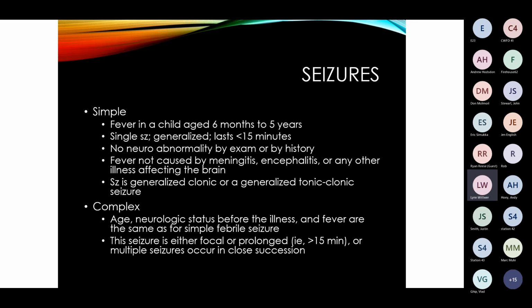It's not how high the temperature is, it's how fast the temperature went up. So a slow rising temperature to 104 will probably not cause most people to have a seizure, but if they jump from 99 to 101 in less than a minute, they'll probably seize.